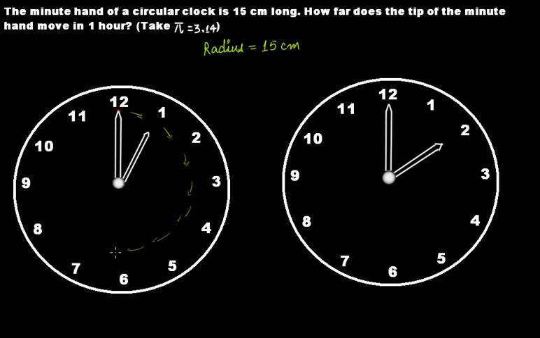If you calculate the circumference, it will tell you the distance that it has actually covered. Okay, so let's calculate. If the radius is 15 centimeters, then the diameter will be 30 centimeters.